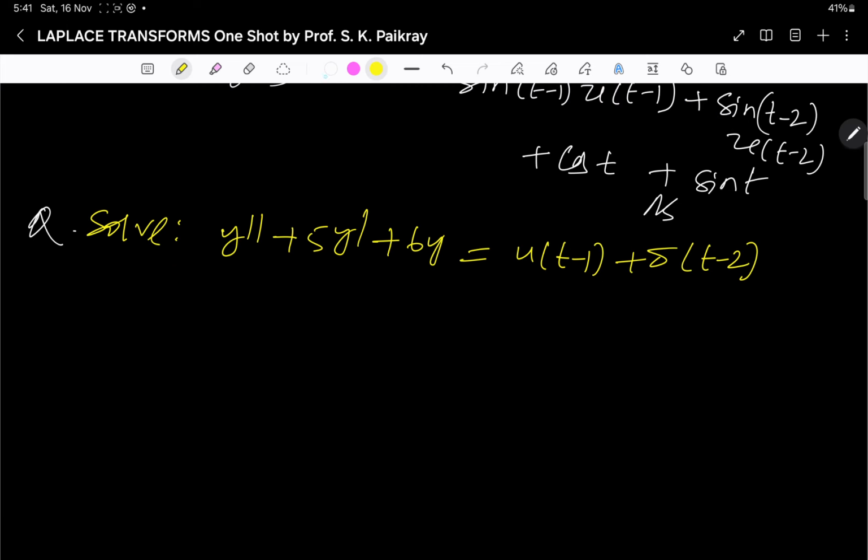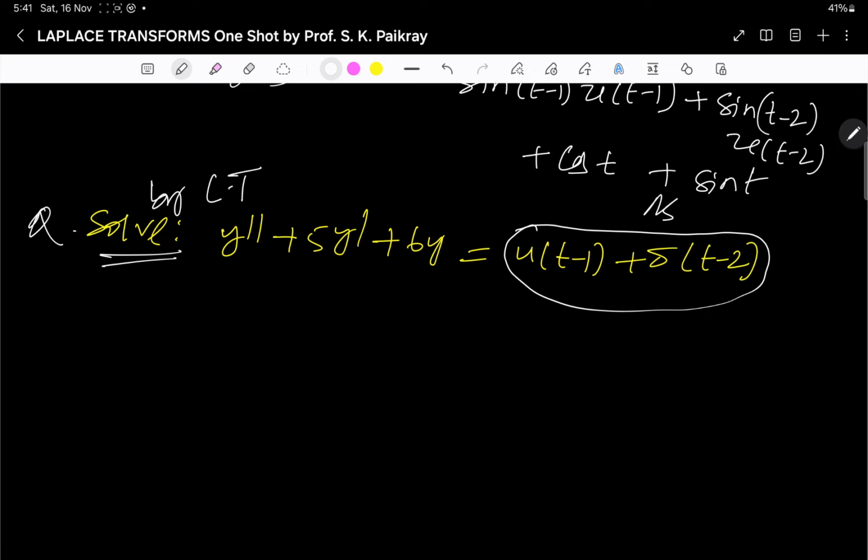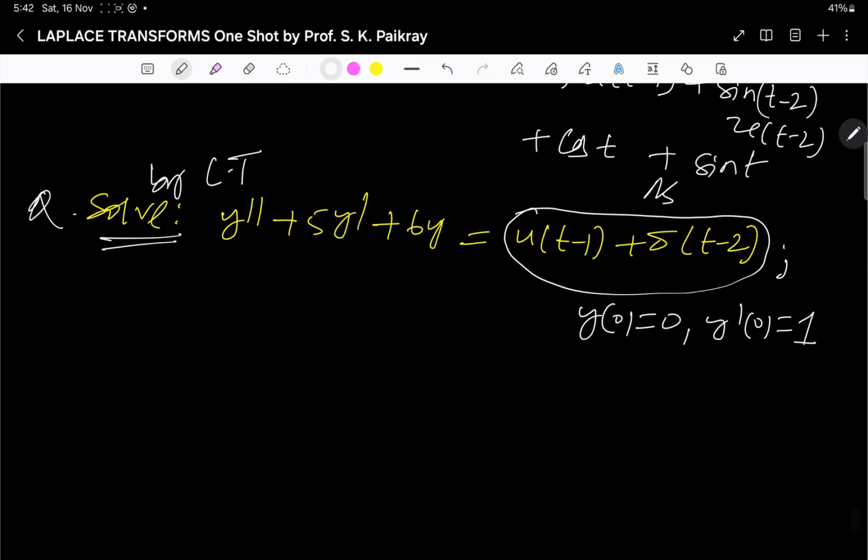Suppose coming to another problem, solve by using Laplace transform. Of course, because the right hand side has these engineering functions, without Laplace transform we cannot solve this. The initial conditions must be given here: y0 is equal to 0 and y dash 0 is equal to 1. So the second shifting theorem will help you.